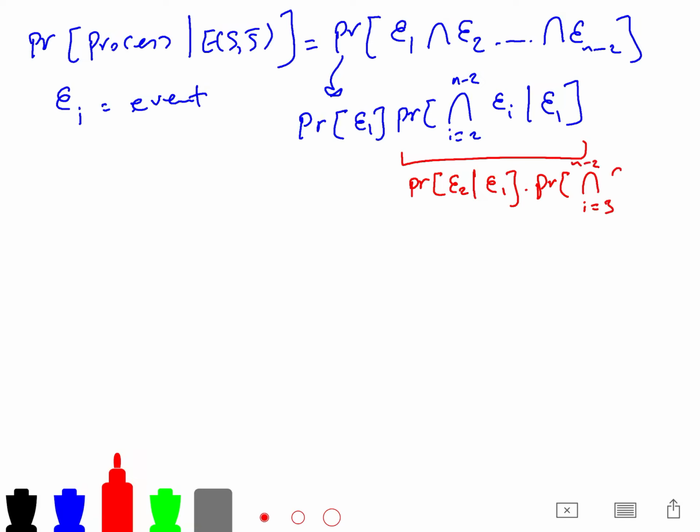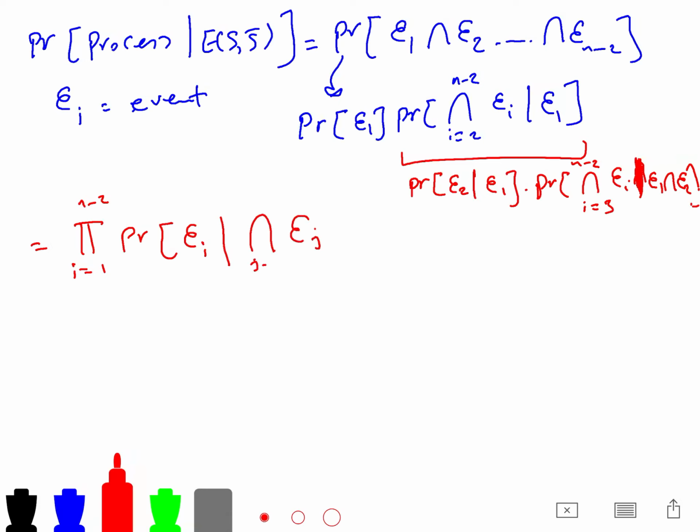And this goes on. KC_i conditioned on KC_1 and KC_2. And when you multiply all these things, you will see that this becomes the product over i from 1 to n minus 2 of the probability of event KC_i conditioned on the intersection of several events, j from 1 to i minus 1, and this is the product of probabilities.